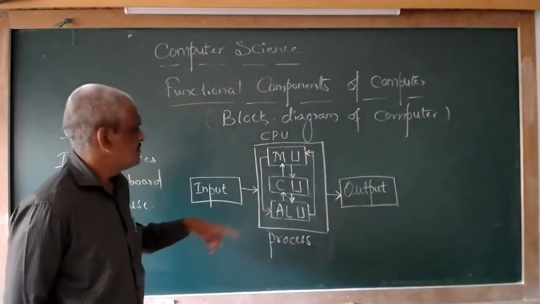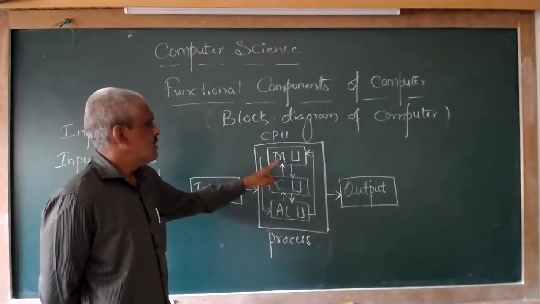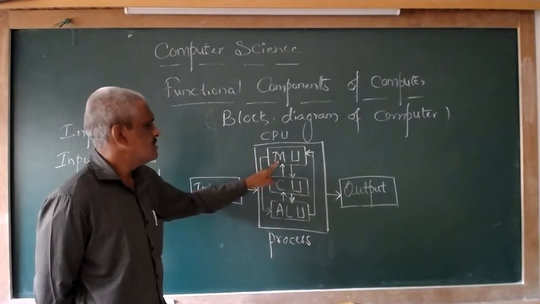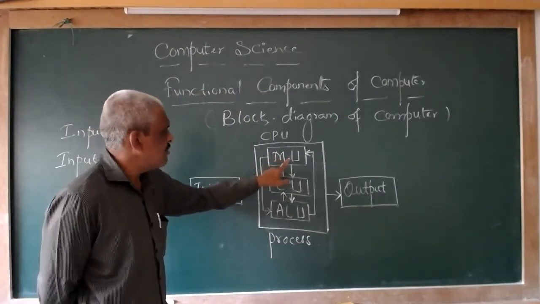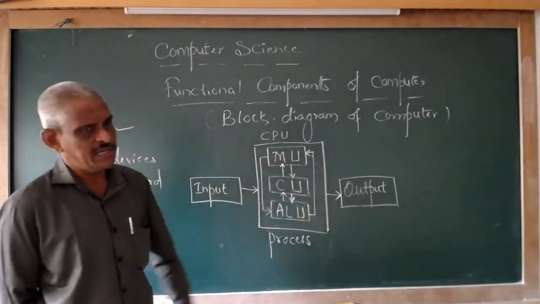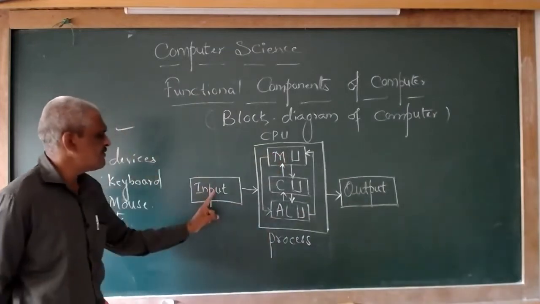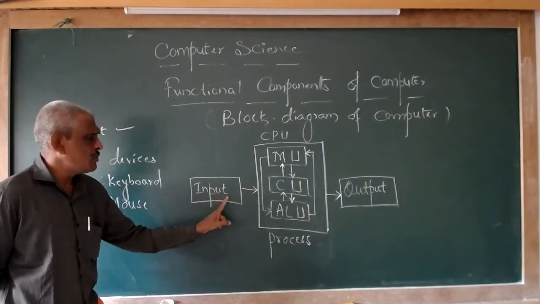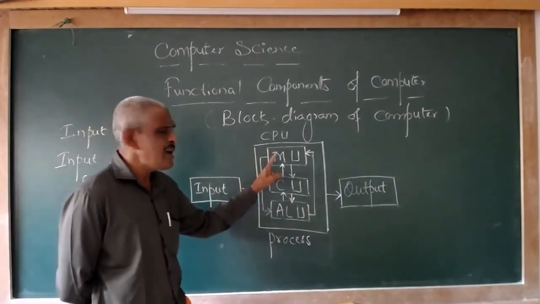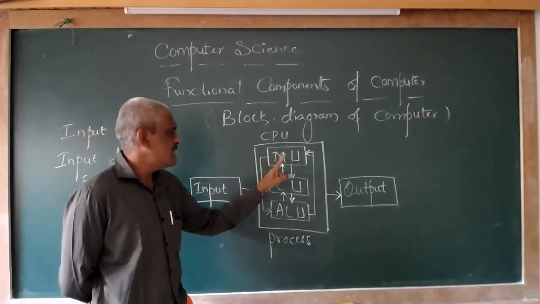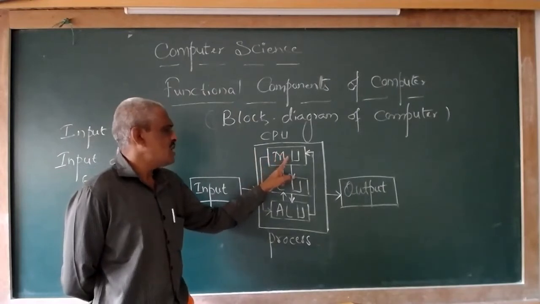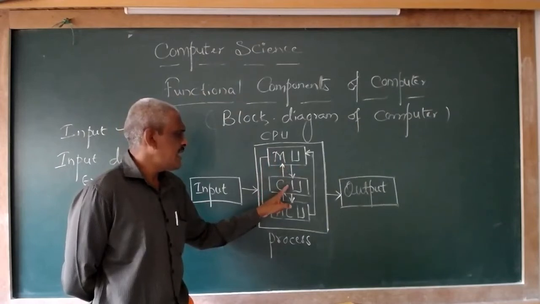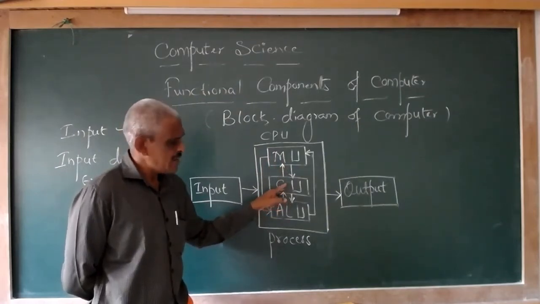Then the data along with the result generated will be stored in memory again. It means if you observe here, when you feed data or instructions to the computer, that will be directly stored into the memory. Then, depending on the type of data, the control unit takes the respective actions.